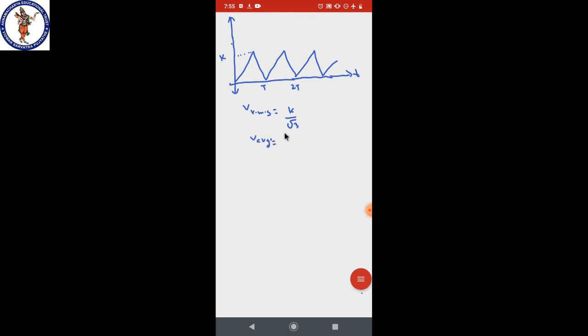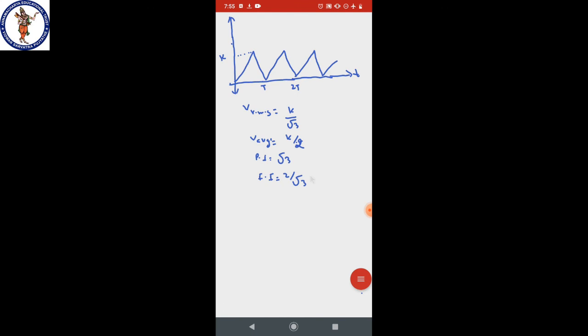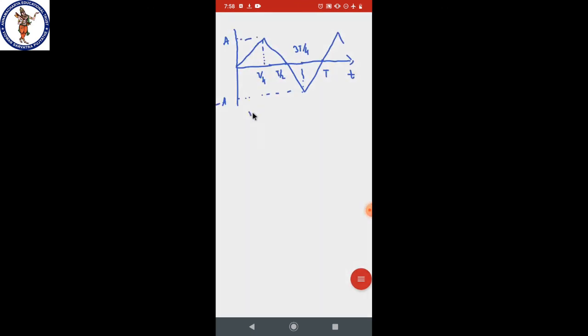V average equal to K by 2. Peak factor equal to root 3, form factor equal to 2 by root 3. This is the full waveform.